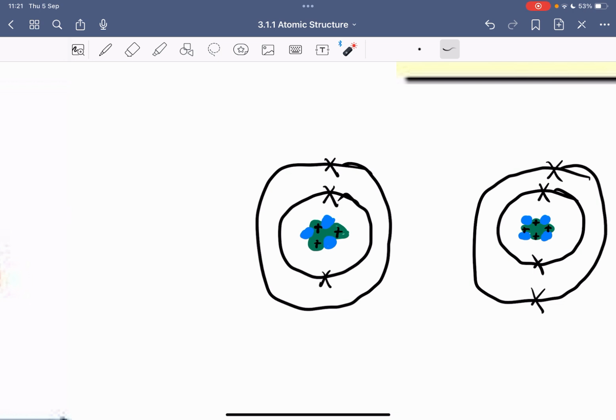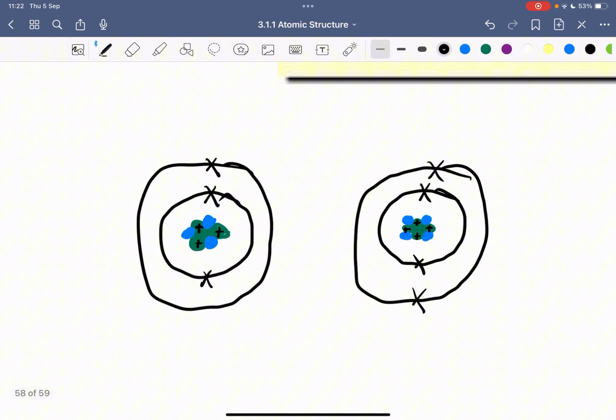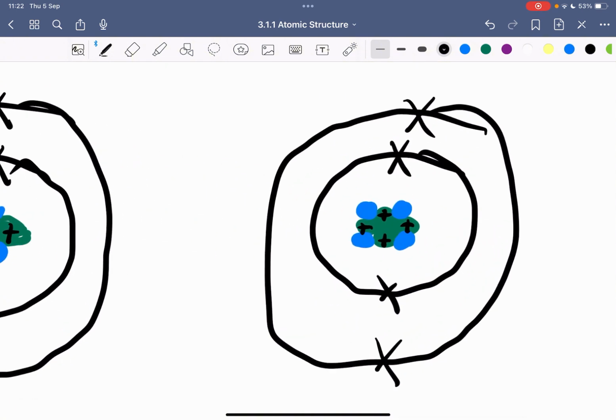But the nuclear charge is different, right? So here we have 3 protons, and here we have 4 protons. Now, the reason why this has such a huge impact is that these protons actually pull these outer electrons closer.